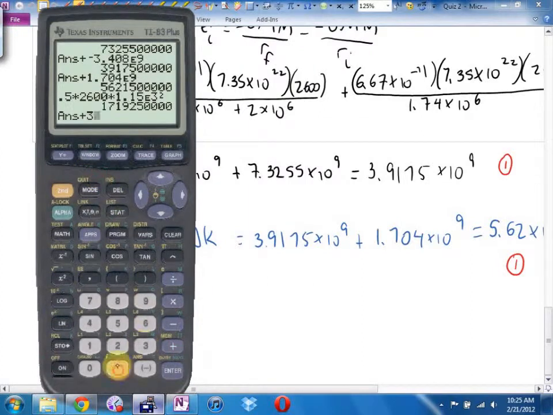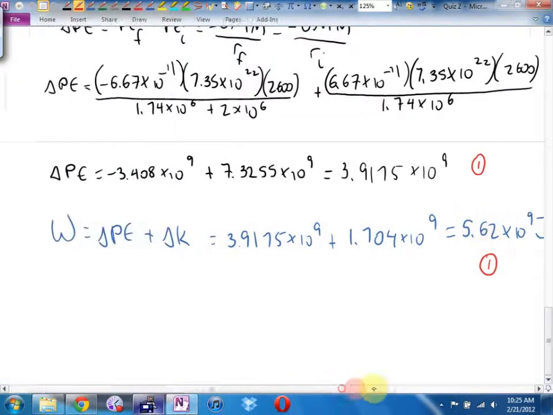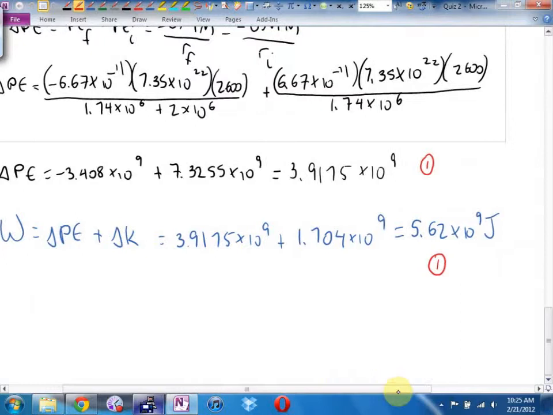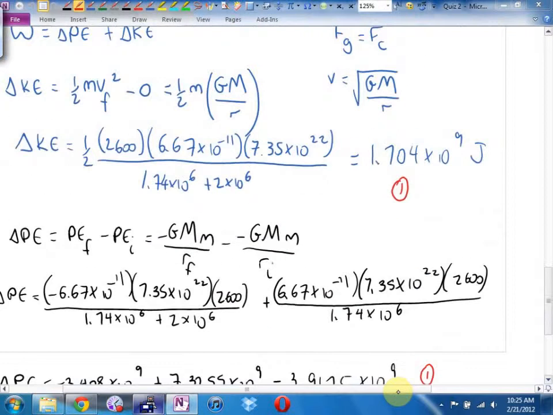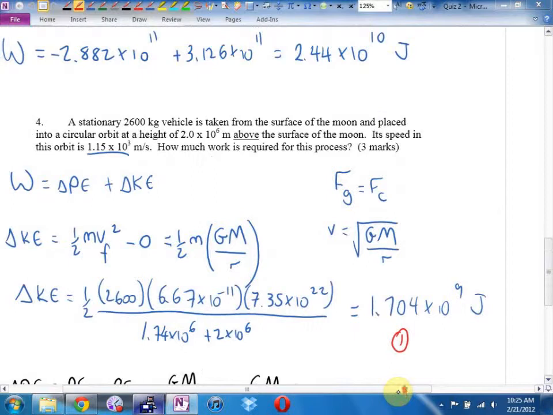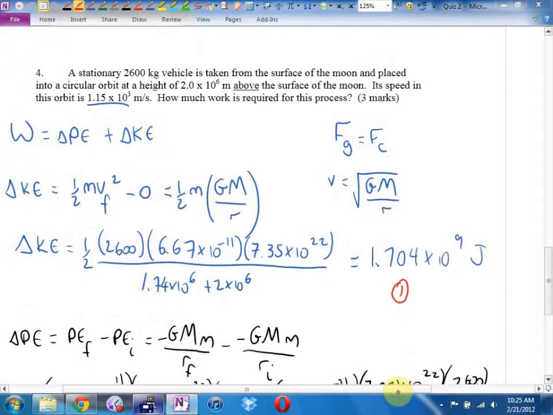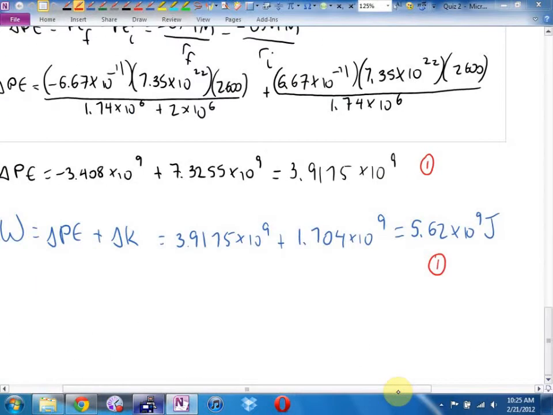Plus 3.9175. You said 5.637, so 5.64? Yeah, 5.6 times 10 to the 9th, so you still get the same thing. That's how you'll do it on the test, though, when I don't give you the speed. Okay?